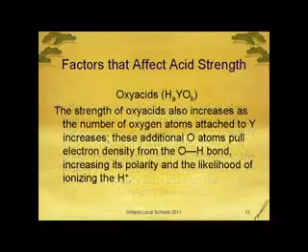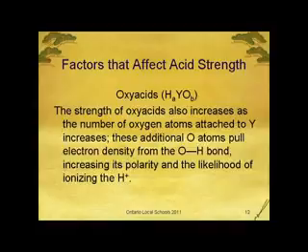The strength of oxyacids also increases as the number of oxygen atoms attached to the element represented by Y increases. These additional oxygen atoms pull electron density from the OH bond, increasing its polarity and the likelihood of ionizing the H+. So here we're looking at oxyacids that have the same element represented by Y. For instance, on the next slide you're going to see four oxyacids that have Y as chlorine, and you'll see the difference in the acid strength based on this principle.